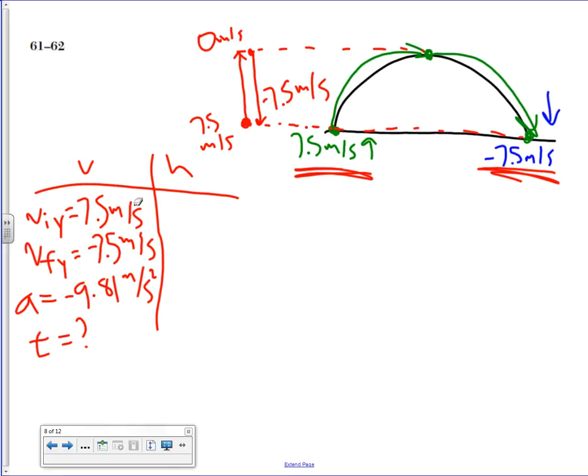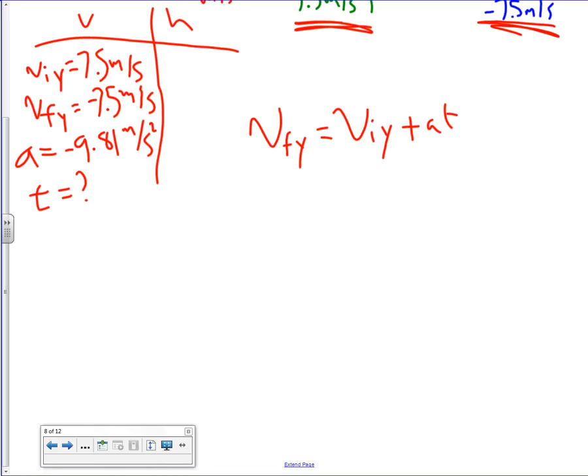We have VFY equals VIY plus AT. Now I solved for it all the way through last time. I'm not going to. If you need to know how to solve for t, just look back. It's the same except we don't have t over 2. It's the same process. So we're going to subtract the VIY and then divide by the A. We're going to get t equals VFY minus VIY over A.